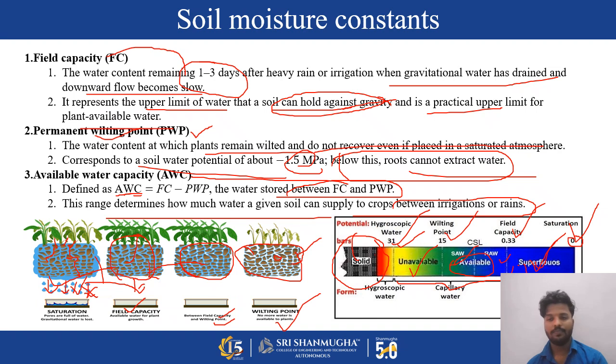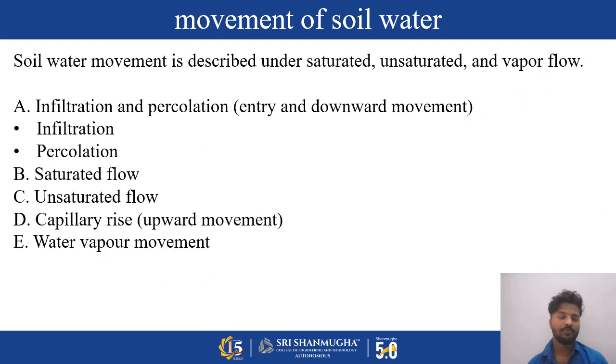Okay, we can move to the next slide. In this slide we are seeing the movement of soil water. Soil water movement is described under three types: saturated flow, unsaturated flow, and vapor flow.